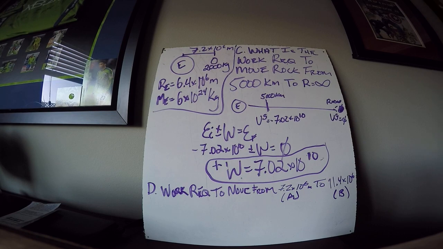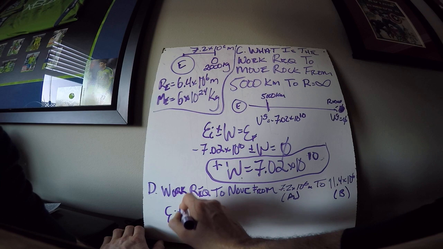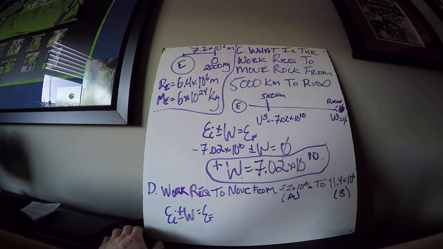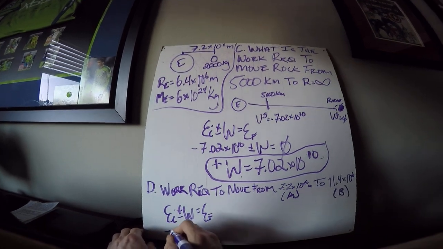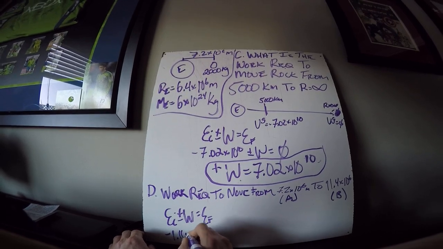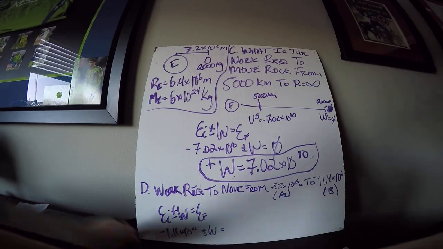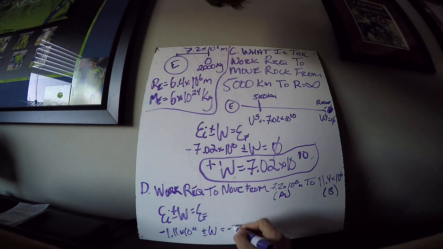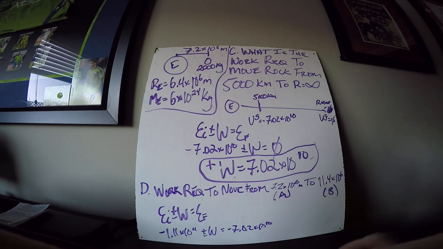Interesting. So doing your equation again, energy initial plus or minus work equals energy final. If we're going from 7.2, that number was negative 1.11 times 10 to the 11 plus or minus work equals, this was part B, we got negative 7.02 times 10 to the 10.